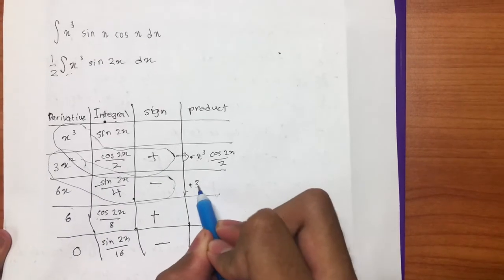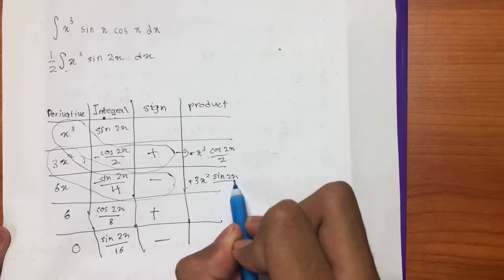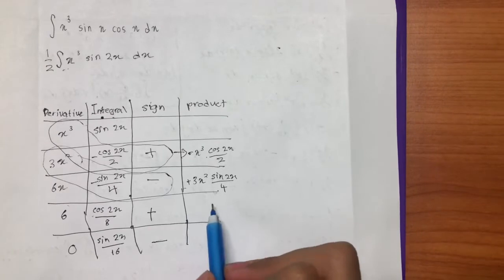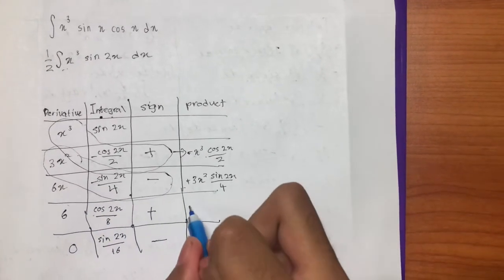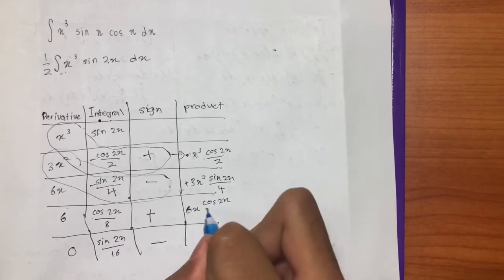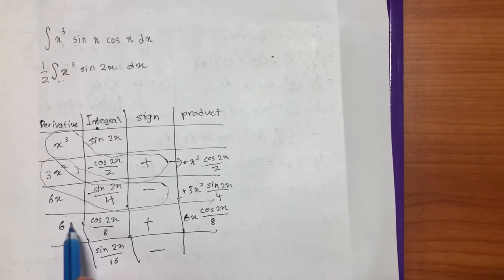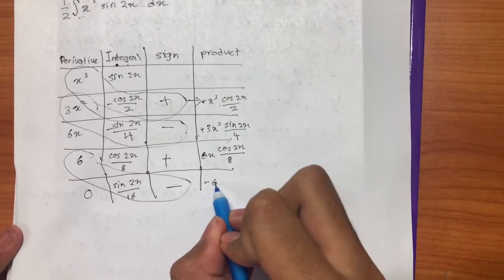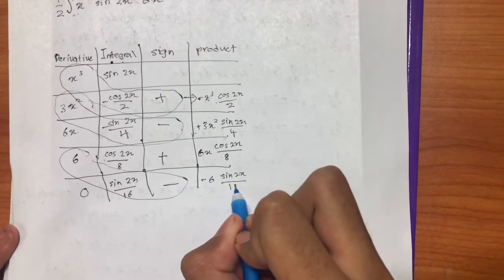So 3x squared sin 2x over 4. Same for the next box. For here, 6x cos 2x over 8. And for the last box is this one. So negative sign, 6 sin 2x over 16.